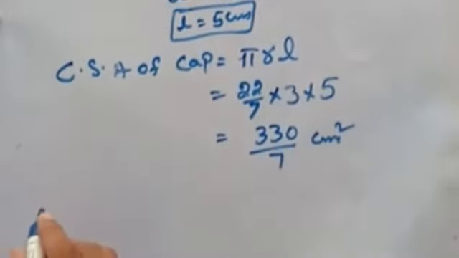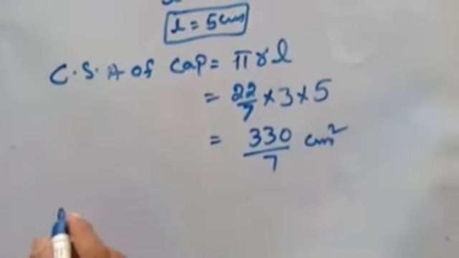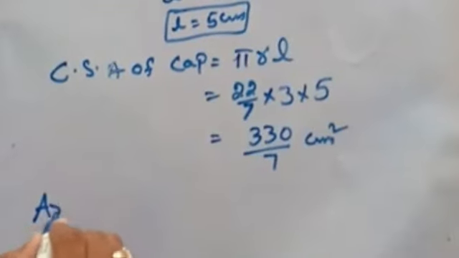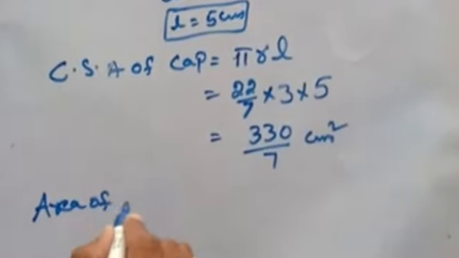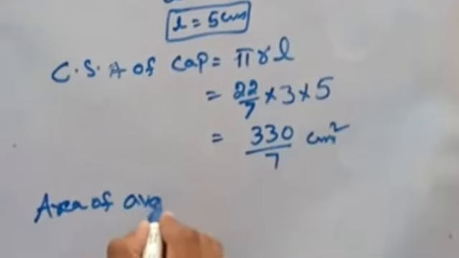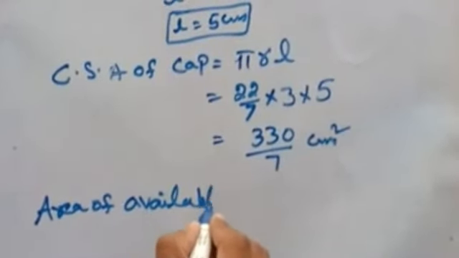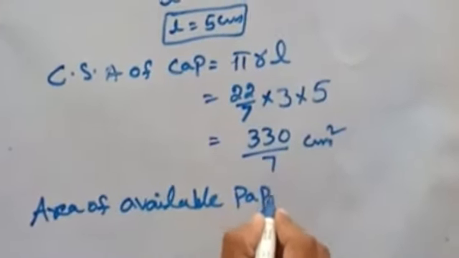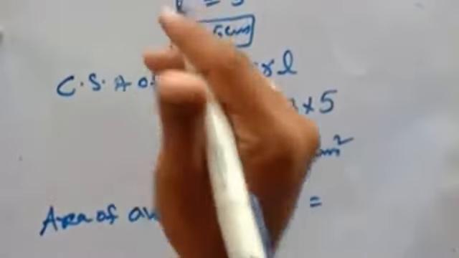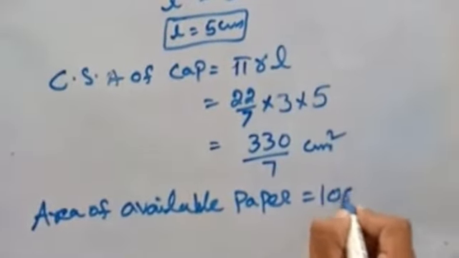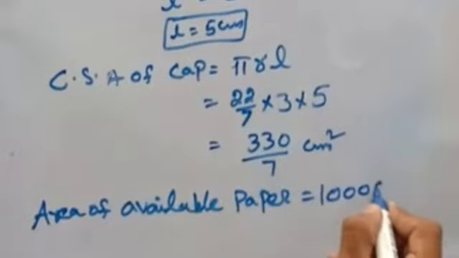Next we find the area of available paper. From the given data, the available paper is 1000 centimeter square.